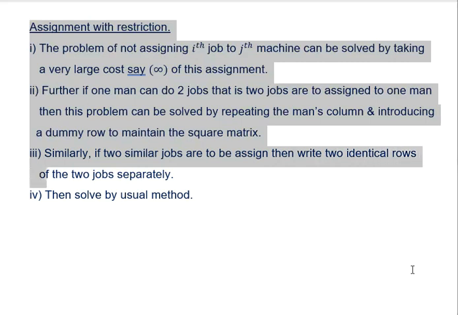Write two identical rows for the two jobs separately, two separate rows in which costs are identical, that is, the two jobs are identical.